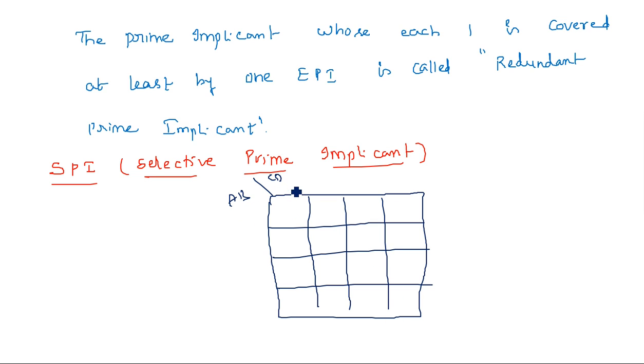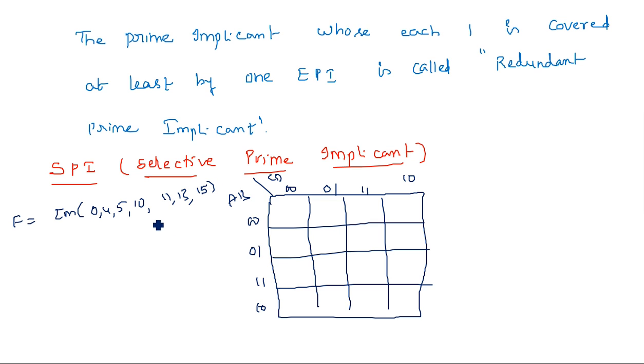A B C D, 0 0 0 1 1 1 1 0 0 0 0 1 1 1 1 0. Now, for example, F is equal to summation of M of 0, 4, 5, 10, 11, 13 and 15.